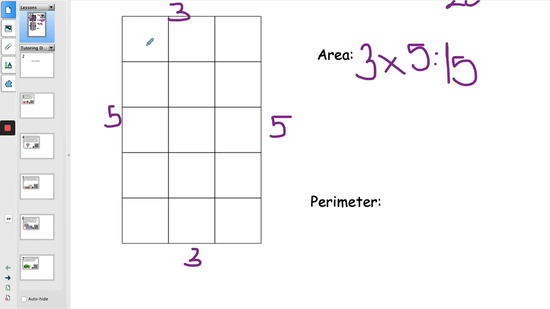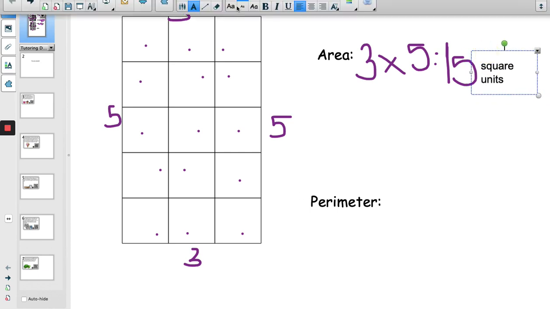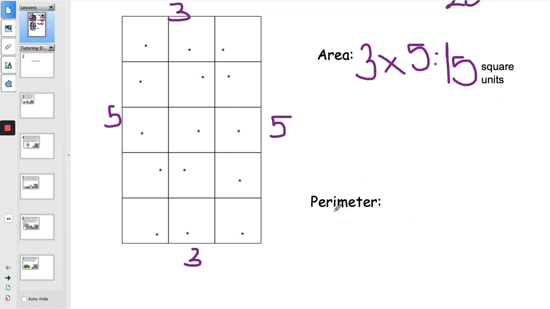And then I'm going to double check my work. 1, 2, 3, 4, 5, 6, 7, 8, 9, 10, 11, 12, 13, 14, 15. So now that I've checked it, I'm going to add my square units, so I make sure that my units are there. And then I'm going to add my perimeter.